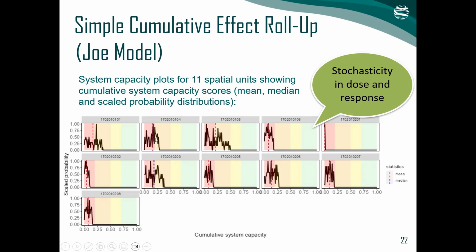And then these are just histograms here showing the distribution of values from a resampling exercise. So this can be valuable, depending on the level of stochasticity in either the stressor response or the stressor magnitude values, to really understand different locations or units according to not only their mean value, but also the distribution and uncertainty.